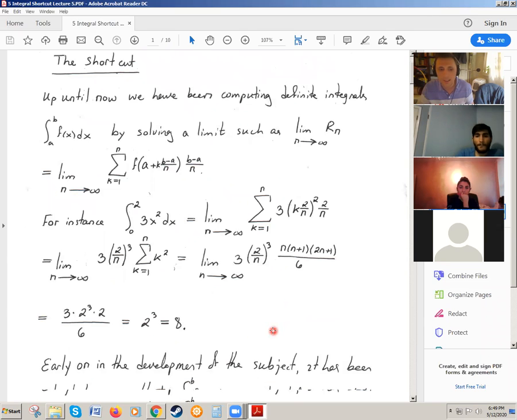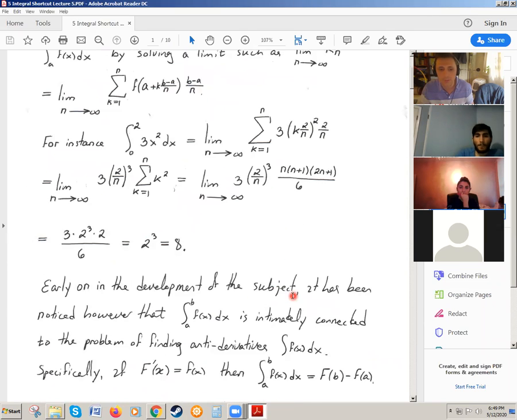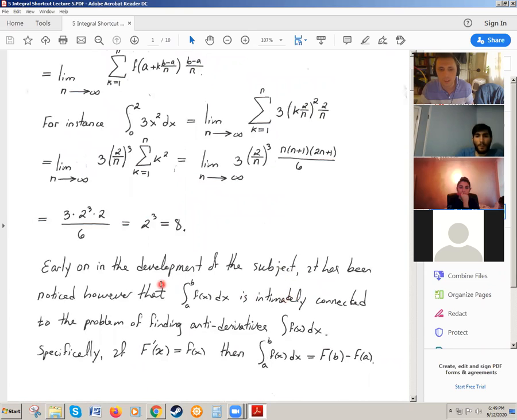Now, you might observe the following. There is going to be a shortcut that relates the process to anti-differentiation, right? So imagine you're dealing with an integral from a to b of f(x) dx like before, and imagine that you can guess a function that's an antiderivative of this little f.